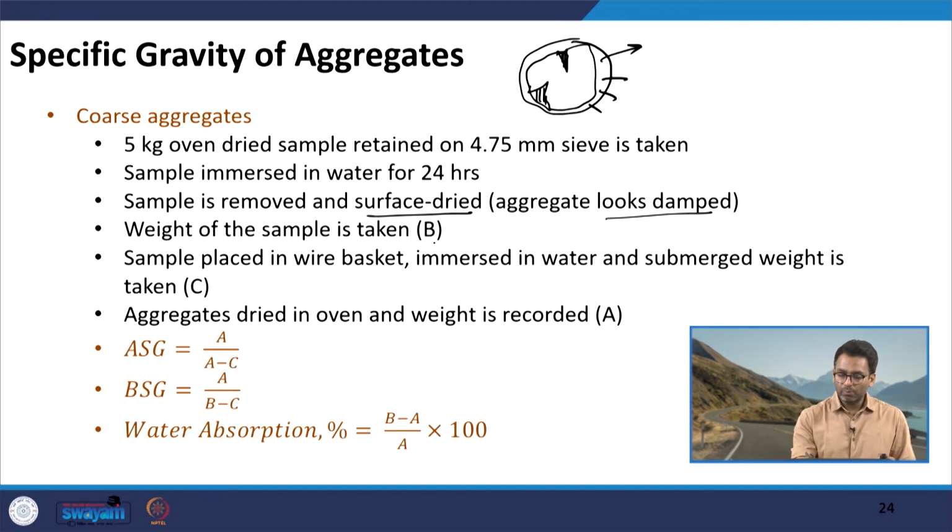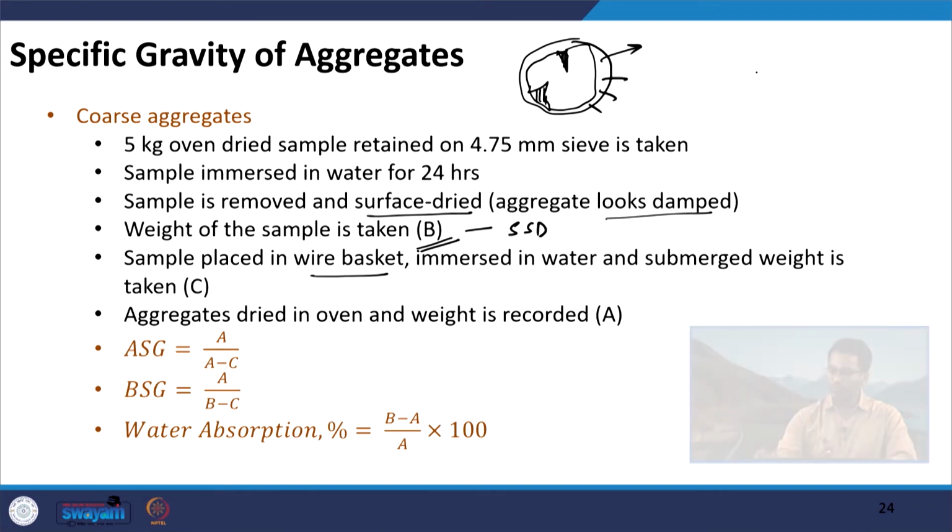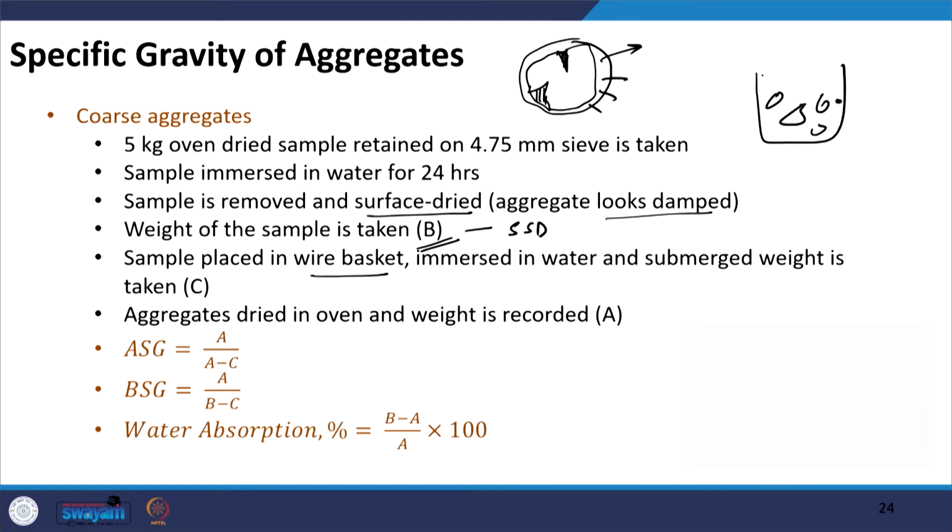Then we take the sample weight, which is B. This B is the saturated surface dry weight. Then we place the saturated surface dry sample in the wire basket. So, we will have a wire basket here, and we put the aggregate samples in it.